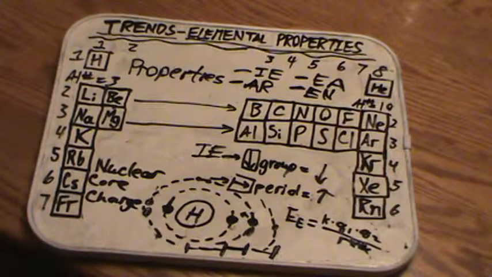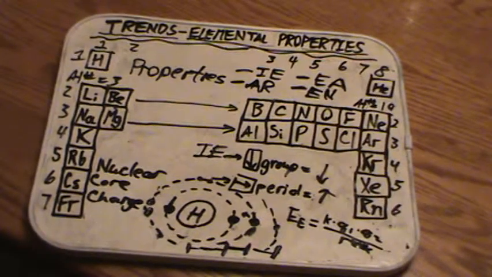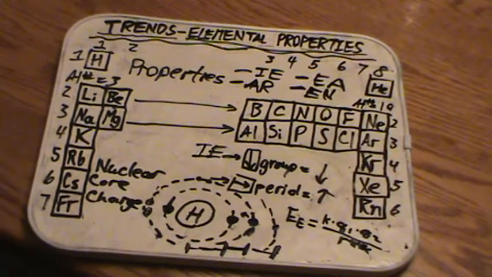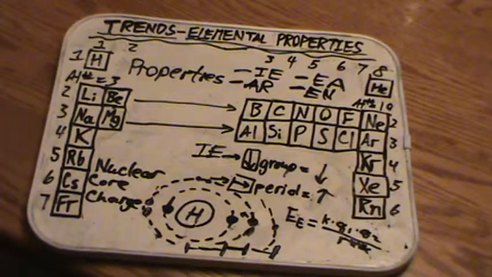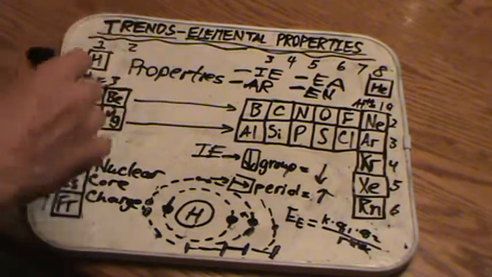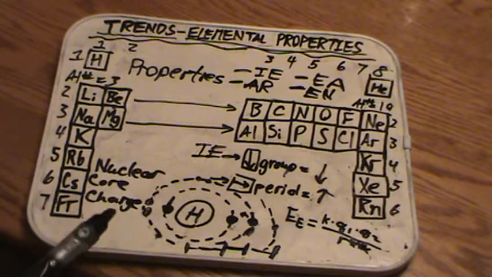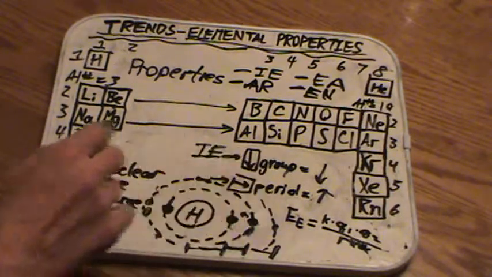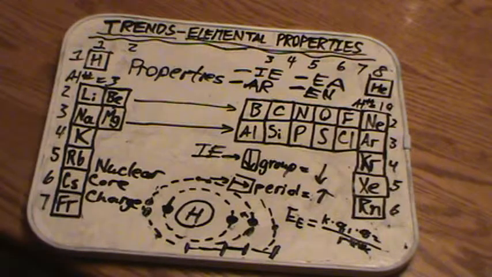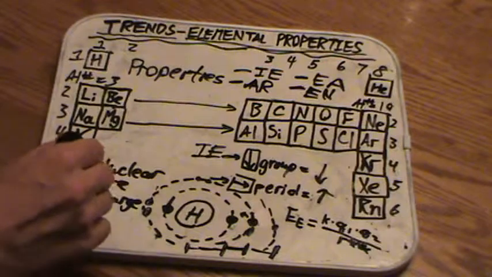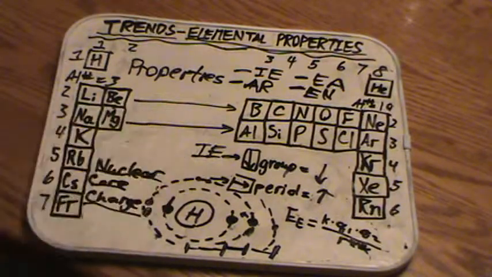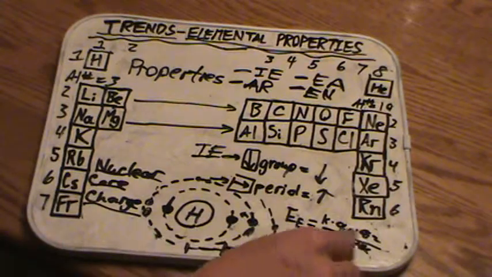And so therefore, if the radius increases, this electrical energy attraction between the nucleus and the electron decreases. So if you increase the energy levels, this increases the radius, therefore decreases the ionization energy. Conversely, if you move across the period, these electrons are pulled in by the nuclear core charge, and thus the ionization energy increases because the radius decreases.